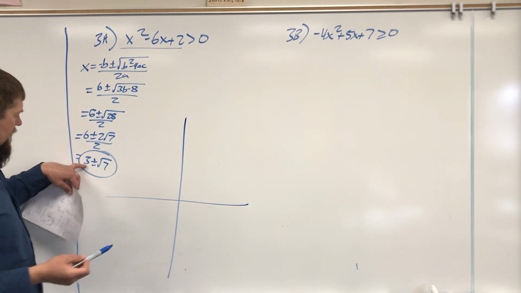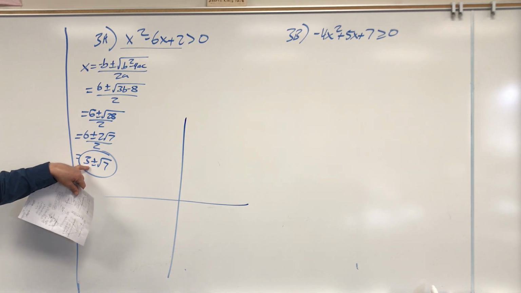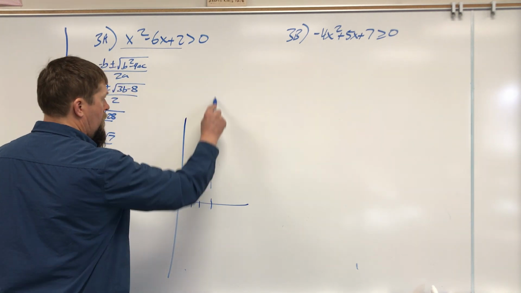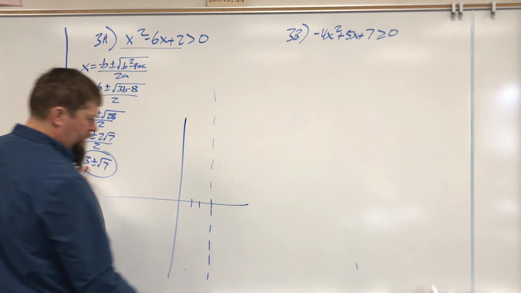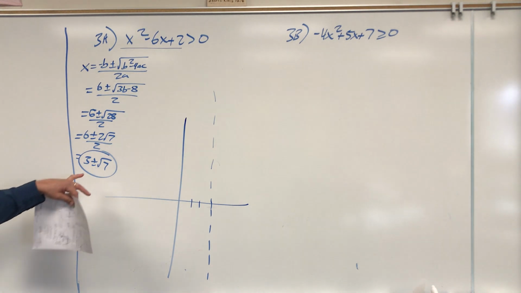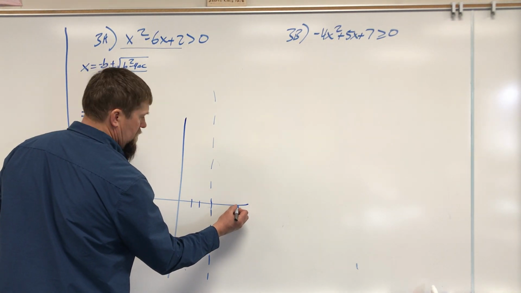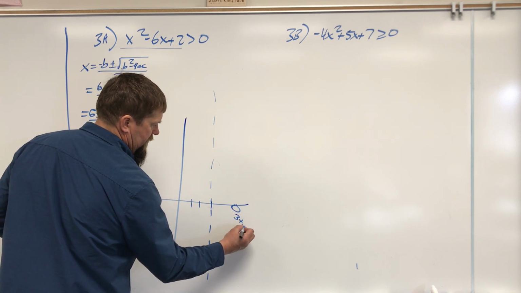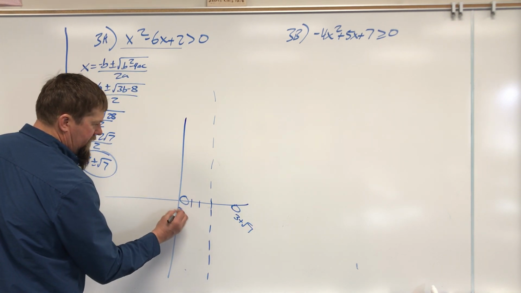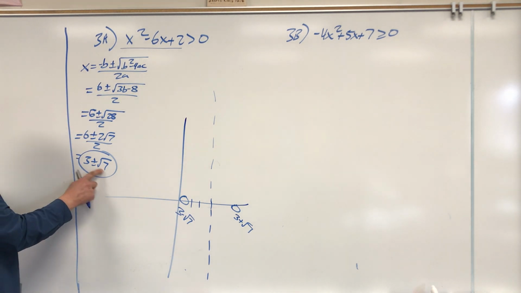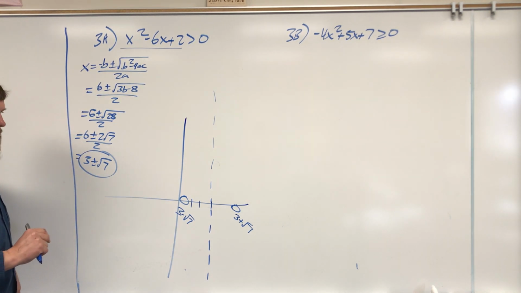Now, my axis of symmetry is actually at 3. My two x-intercepts are 3 plus the square root of 7 and 3 minus the square root of 7, because you're adding and subtracting the square root of 7 from 3.